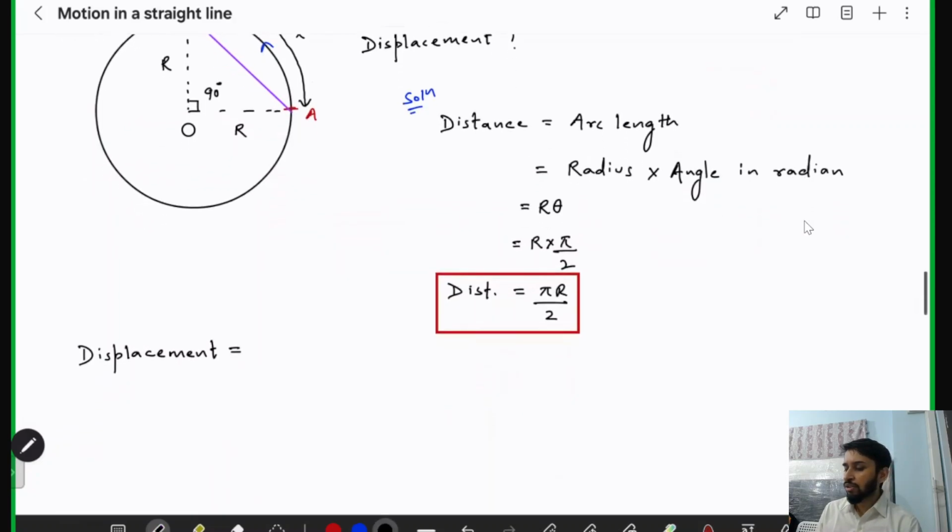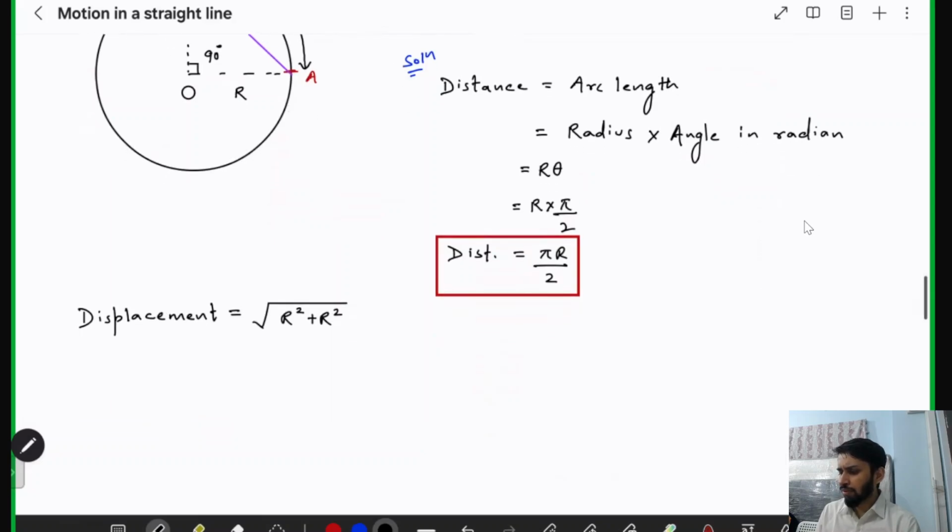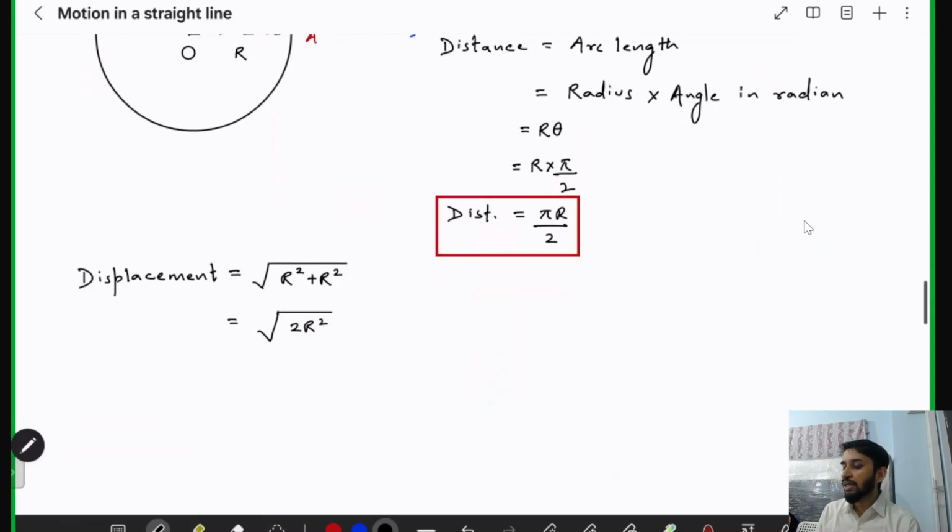So displacement will be equal to under root of R square plus R square, which becomes under root of 2 times R square. So displacement here will be root 2 times R.